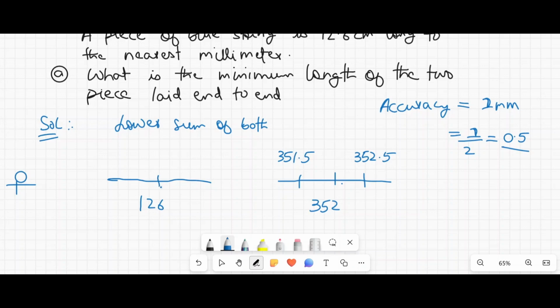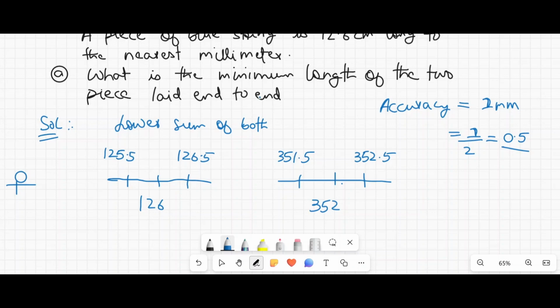Now 126 plus 0.5, it's 126.5 millimeter. Now the next one is 125.5 millimeter.